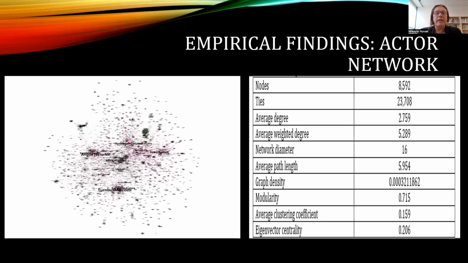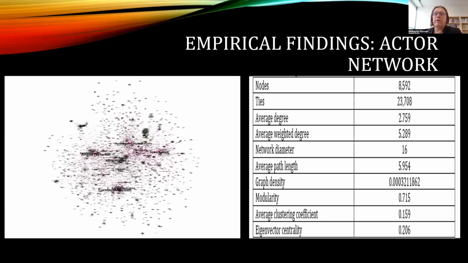And I think you can really see that on the left-hand side anyway. There are a lot of actors on the periphery that might not tweet on a regular basis, and will only tweet the central actors, if peripherally. Another statistic I'll mention to you as well is the modularity statistic, 0.715.